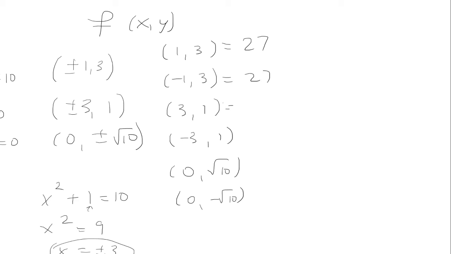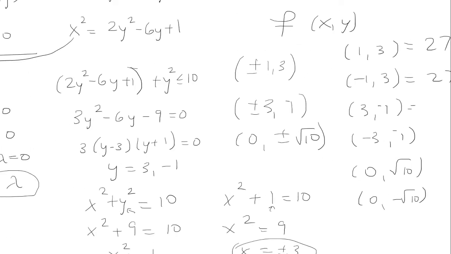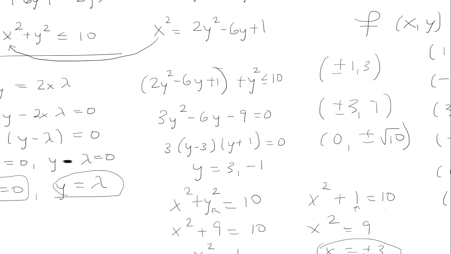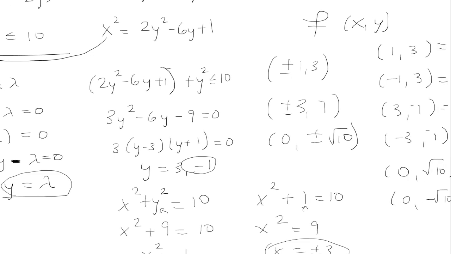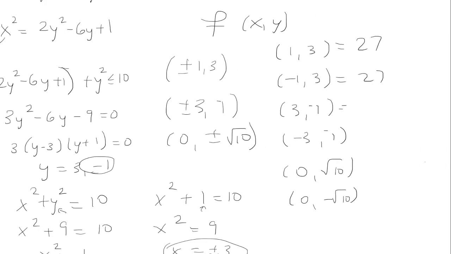For 3, 1, oh, it should be negative 1 actually. So I made a mistake here. I did plug in negative 1, not positive 1. So just to verify, yeah, it was y equals negative 1, not positive 1. So that's just a typo. Okay, so 3, negative 1, and negative 3, negative 1 is negative 5.